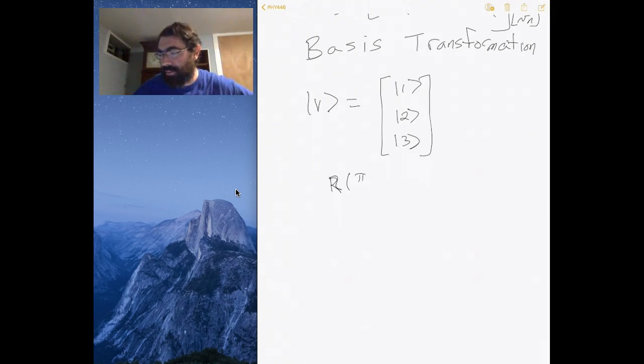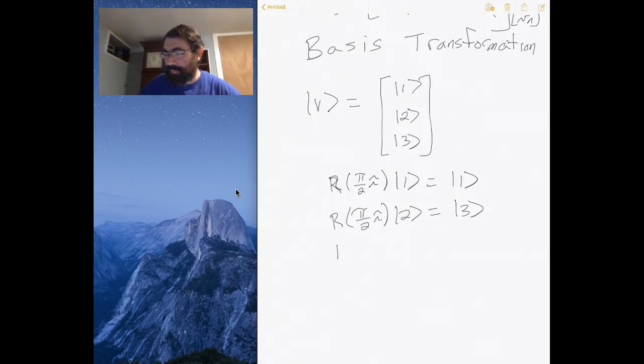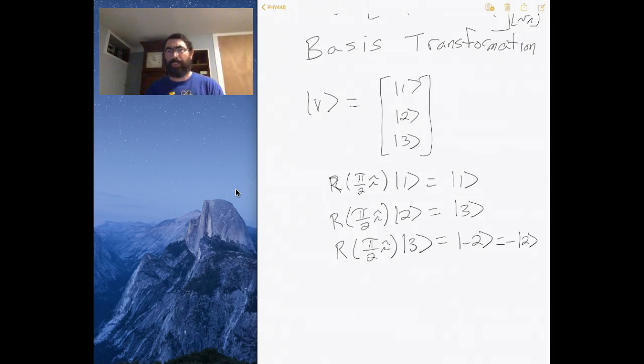So if I apply a rotation about the x-axis, 1 doesn't change. A rotation of the x-axis on the x-axis is just the identity. A 90-degree rotation around the x-axis on the y-axis gives me the z-axis, and a 90-degree rotation around the x-axis on the z-axis gives me basically the negative y direction.